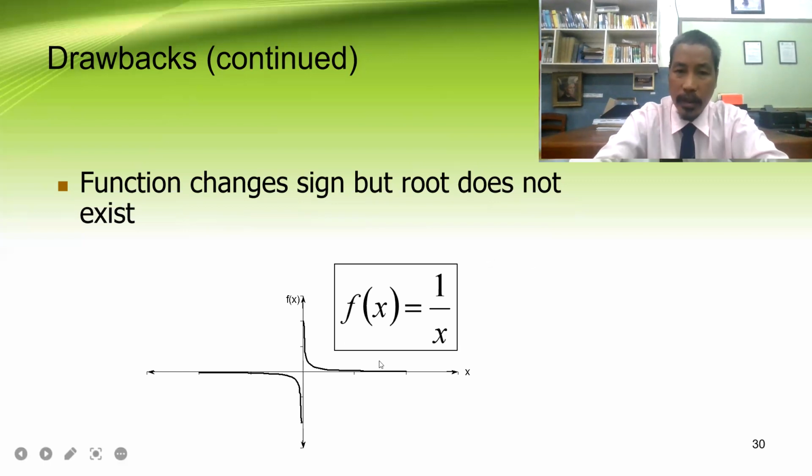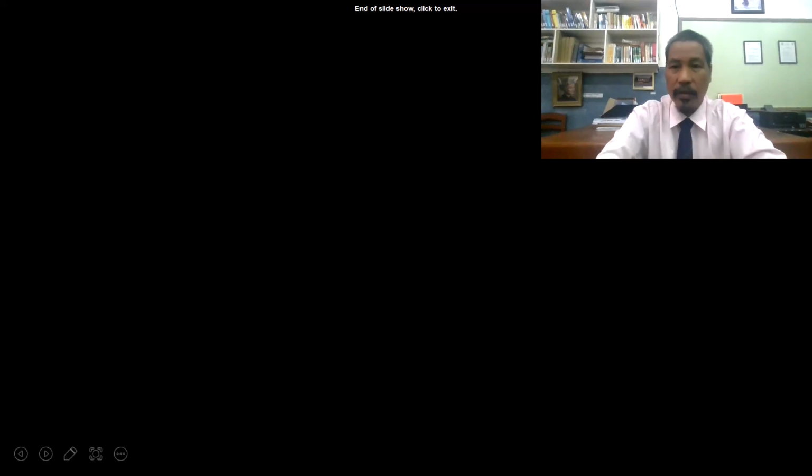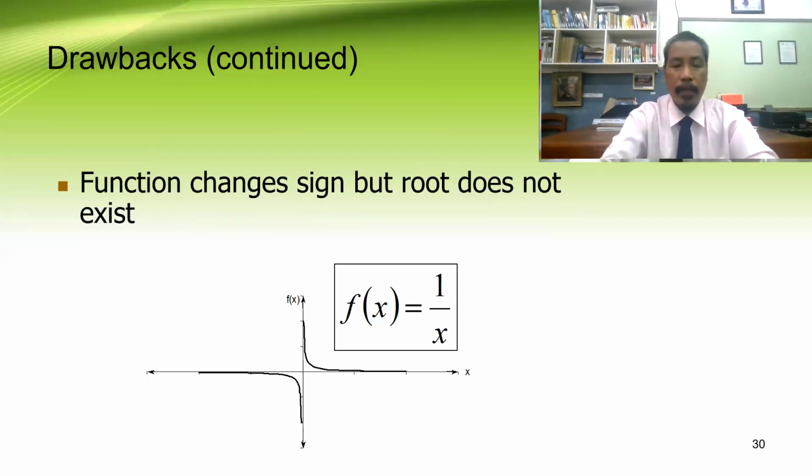One over x does not have a root even though the function changes sign. So it is very difficult. There are practical difficulties in applying the bisection method. But anyway, most of the functions could be solved by the use of this method.